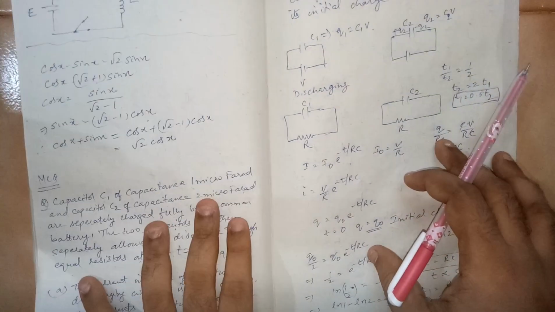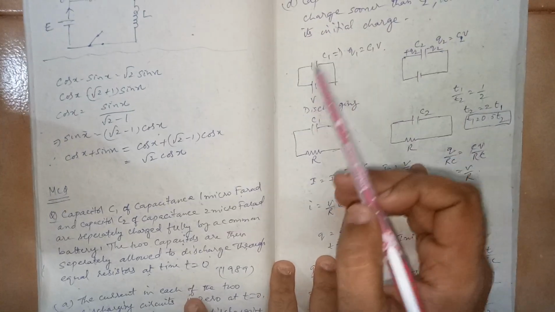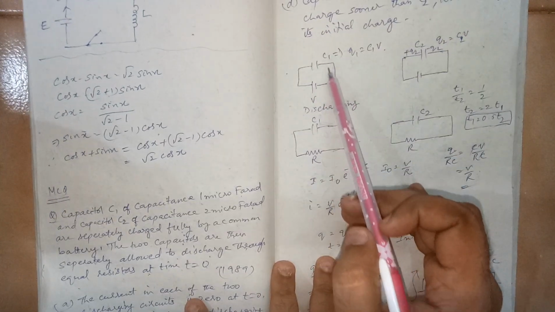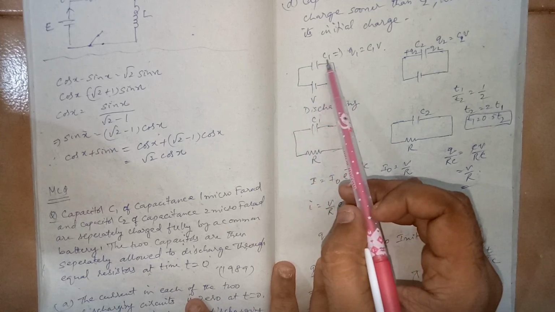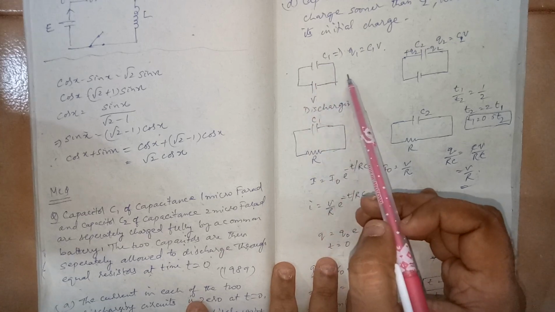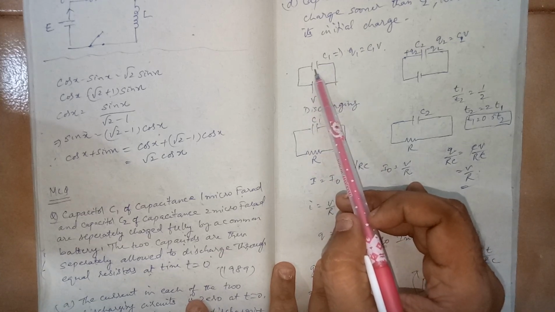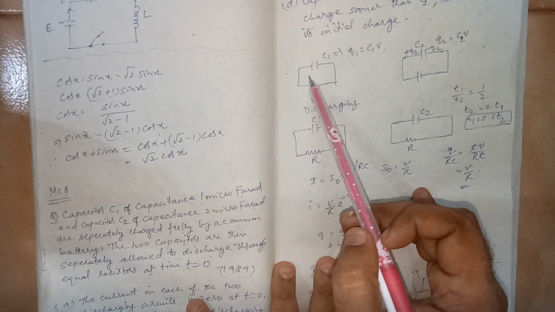Now let us first see what actually happens when you connect a capacitor with a battery of voltage V. Here there is a capacitor C1, the figure is like this. So there will be charge deposited on the capacitor plates.